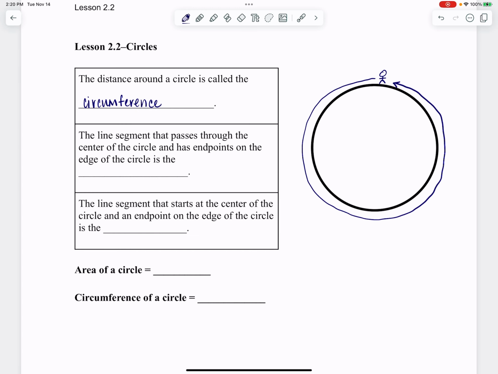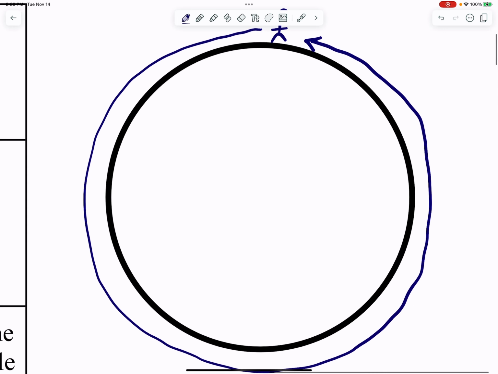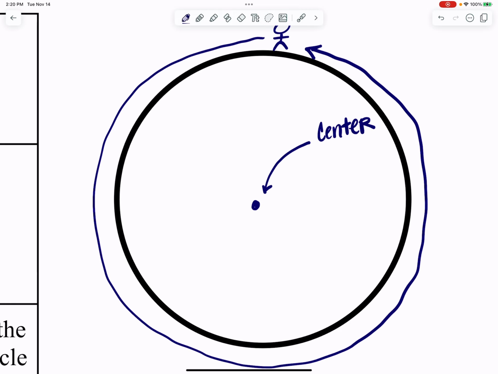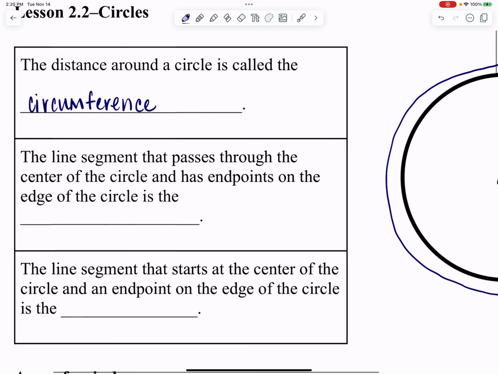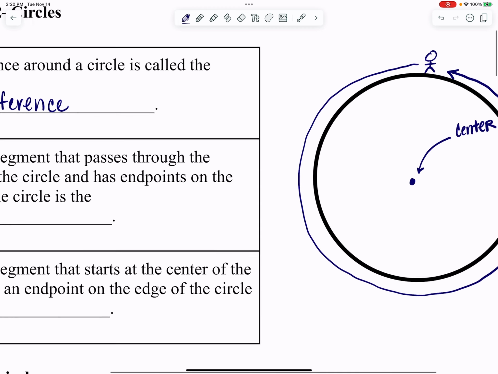Now, inside the circle, there are parts that you need to know. First, we have what's called the center. And then there is a line segment, so a piece of a line that passes through the center of the circle and has endpoints on the edge of the circle.